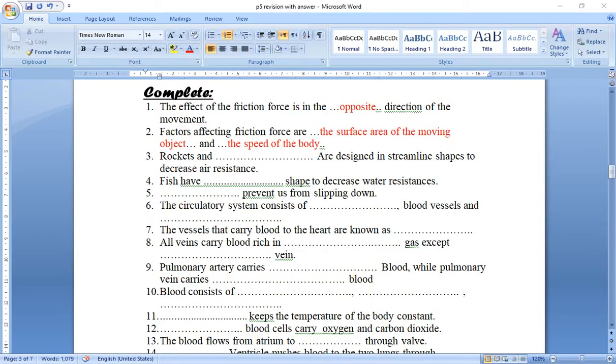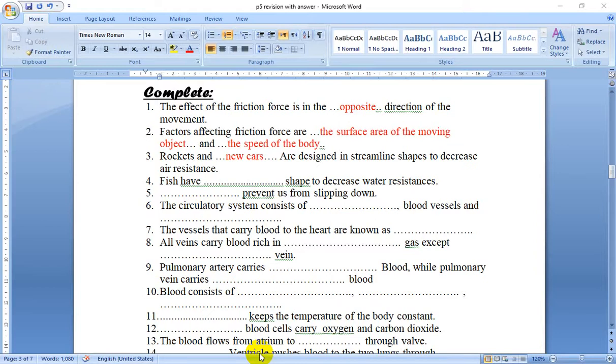But here it is air resistance, so we can write modern cars or trains. So rockets and new cars are designed in streamline shapes to decrease air resistance. You can also say aircraft, airplane, trains. You have many examples.